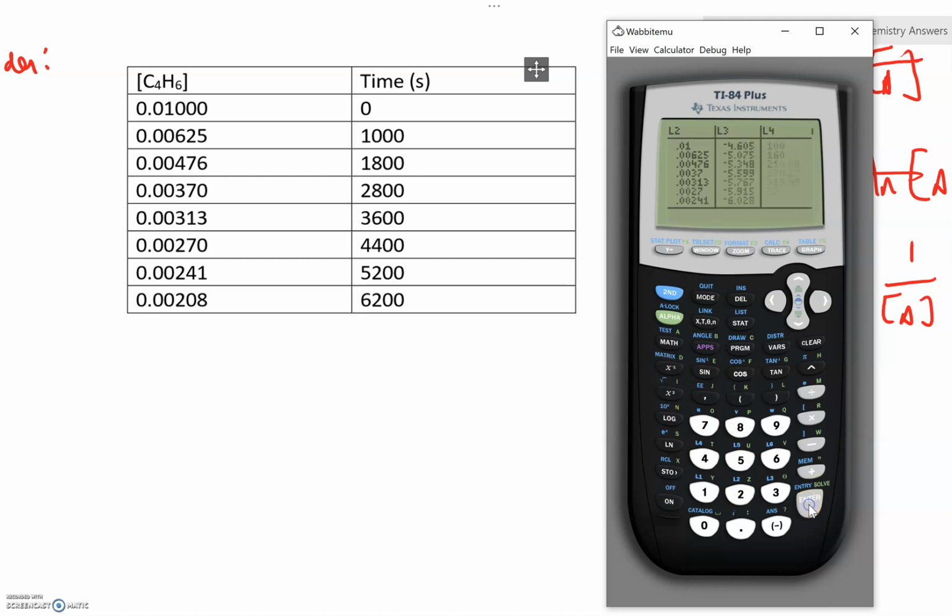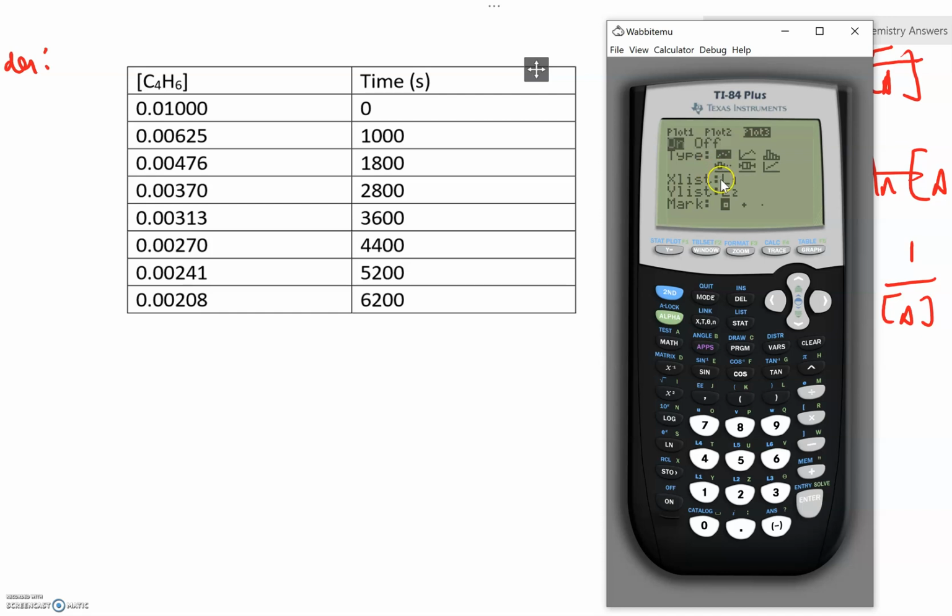When I do that, okay, now just to verify, check it out. This is L1, 0.01, okay, 1 over 100. That's what it looks like when we invert it. Let's go to our graph. We are going to turn off plot 2, and we're going to turn plot 3 on.